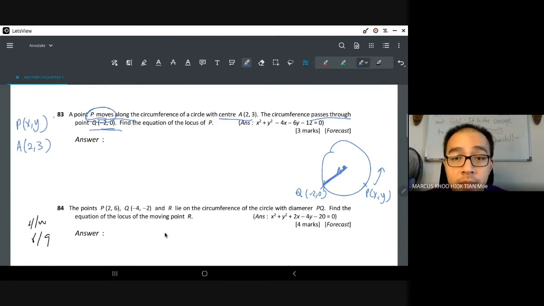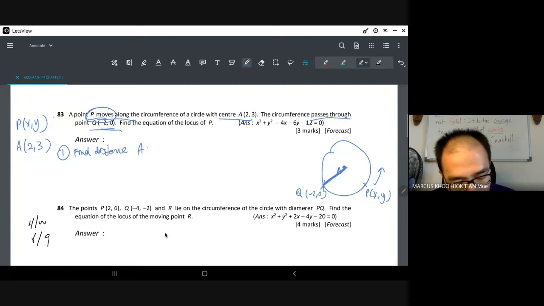Can. I can find the distance because I have the distance formula. So the first step is to find the distance of A and Q, and then only find the equation of the locus.